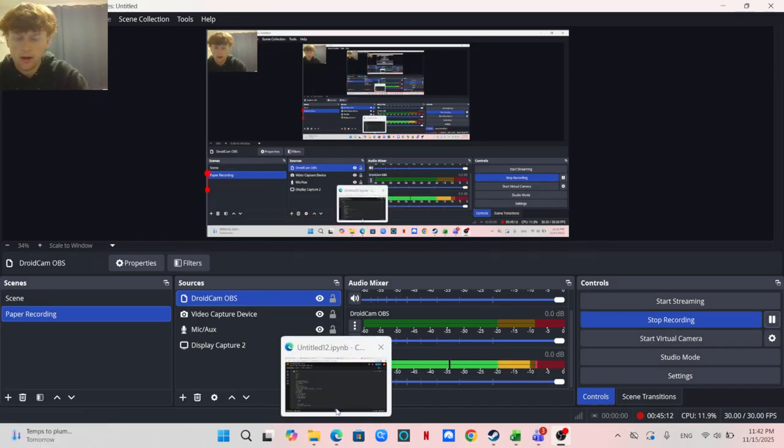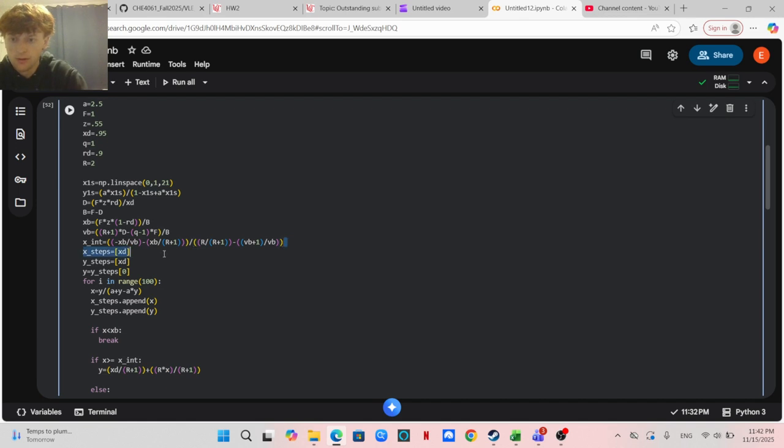So we used a wrong equation for the x-intercept. So we're just going to do this, and then we're going to use this equation instead.